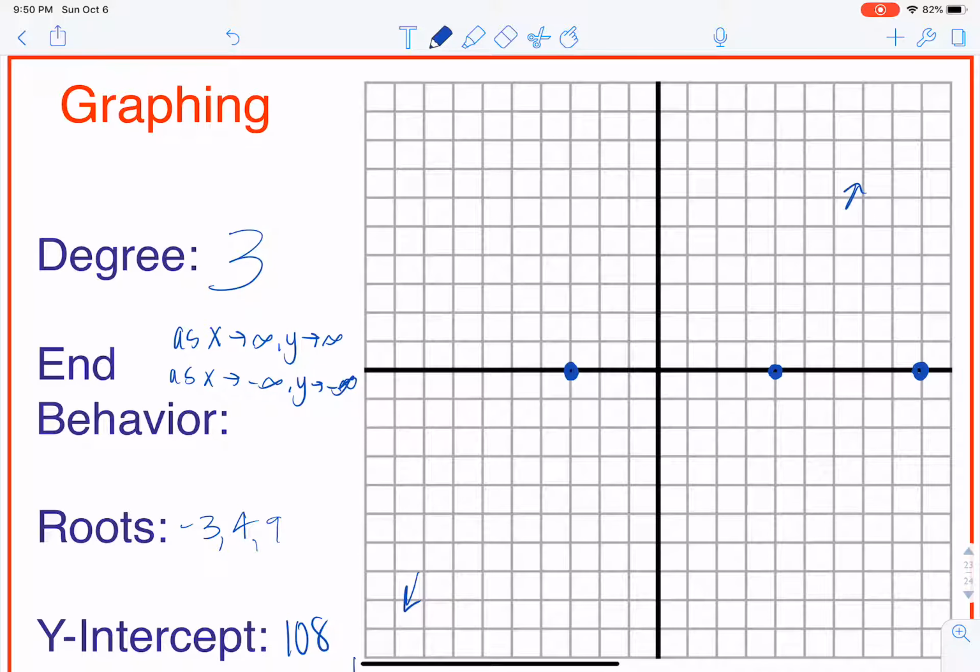But for now, I can just sketch in what this graph could potentially look like. So I know I'll be starting down here. My y-intercept will be way up there somewhere. I can come down, and then I know I'm swooping back up. So there are a few things that I don't know. Is this tight down here?